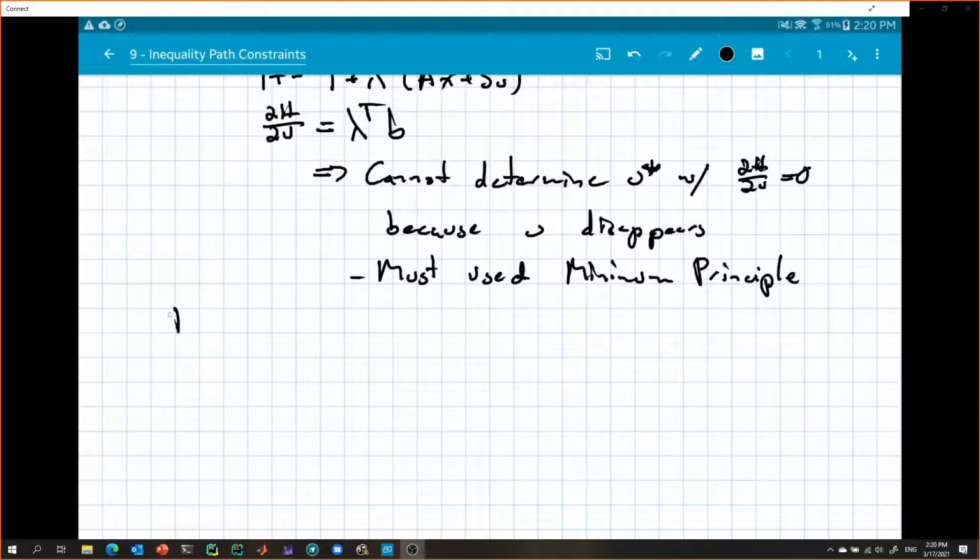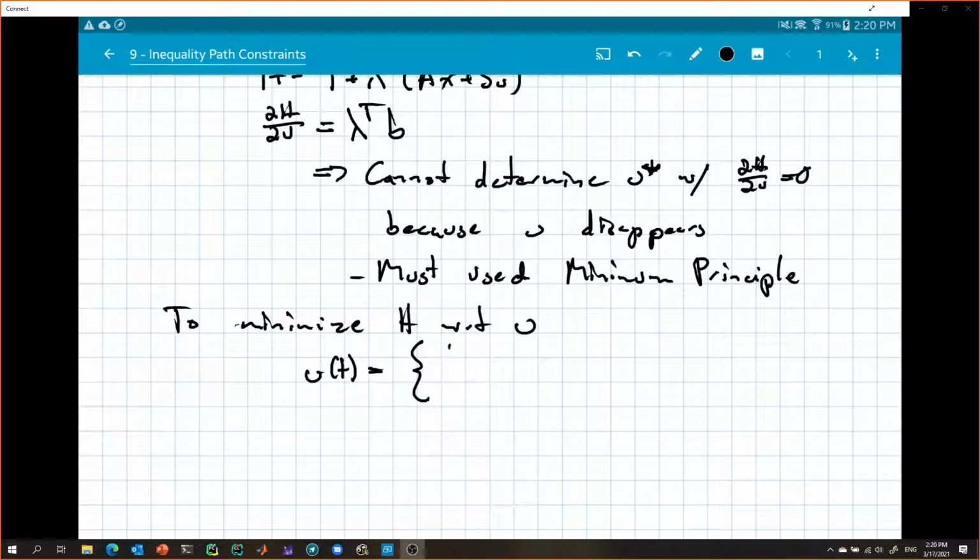Writing that out mathematically, if lambda transpose B is negative, u is 1, and if it's positive, u is -1.